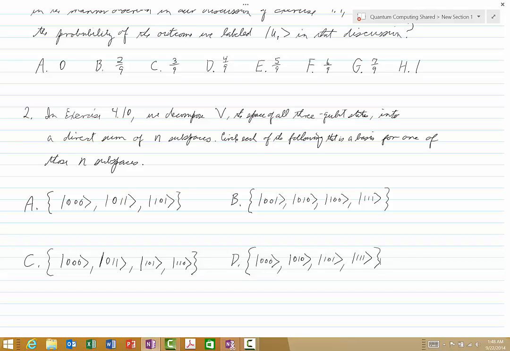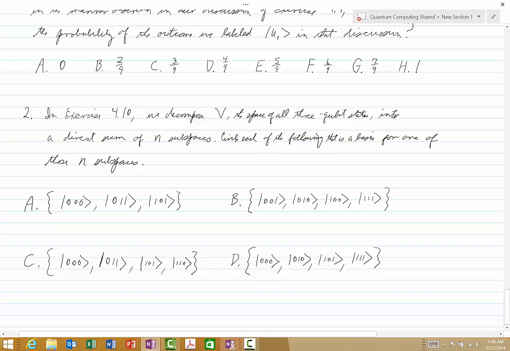Write all operators in bracket notation. So again, you want a measurement that will give you no other information except for distinguishing between states in which the number of 1 bits is even and states in which the number of 1 bits is odd.